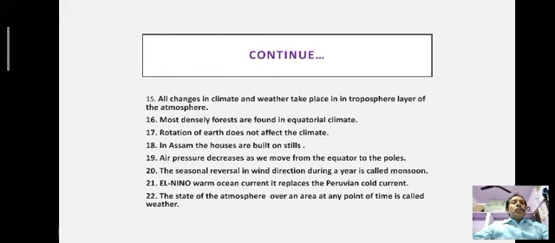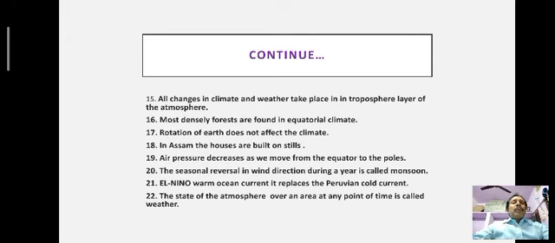So the question will be, in which climate will you find the most dense forest. Next, rotation of earth does not affect the climate. As we know from the beginning, due to rotation of earth, day and night take place. So it does not affect the climate. Clear?